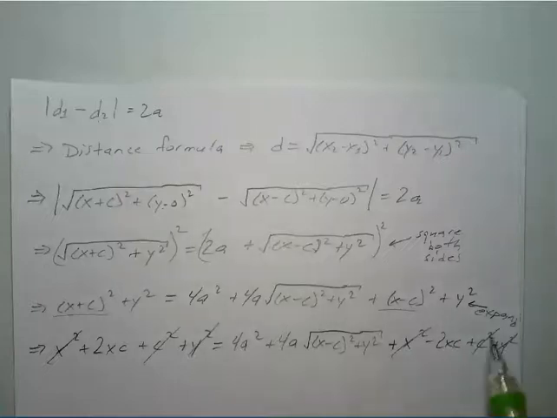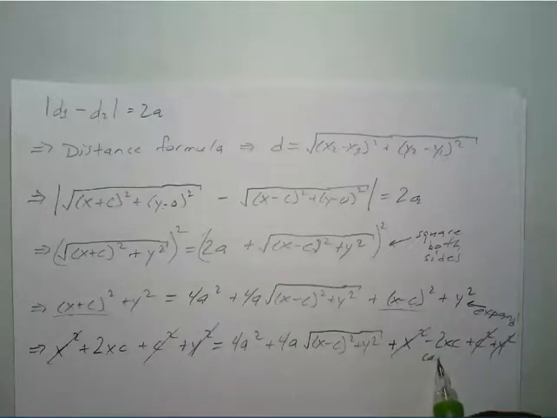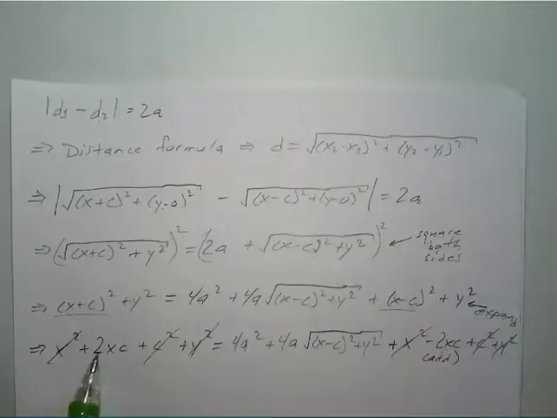Now here, we can actually add 2xc to both sides. So 2xc added to this side, and we add it to this side. 2xc plus 2xc will give us 4xc.